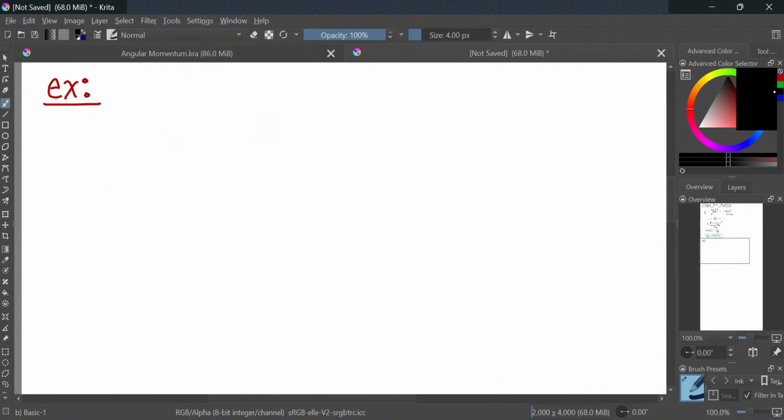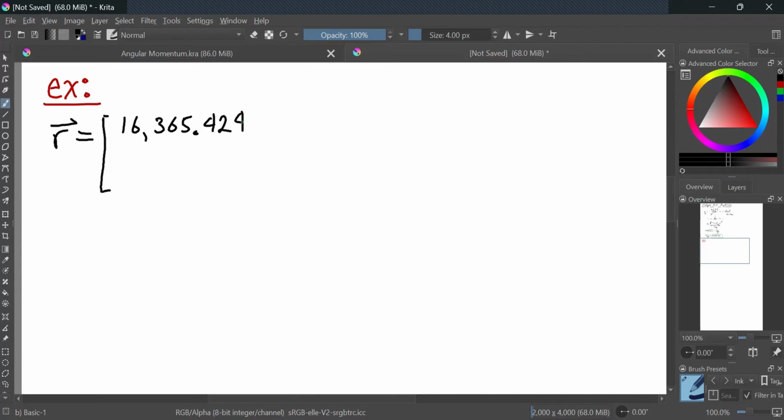So we're going to use the same values as last time, where we had our radius being 16,365.424. Double checking my notes to make sure I copied it down right. I did. I'm great. 0 and 0. With, again, these two should always be 0.